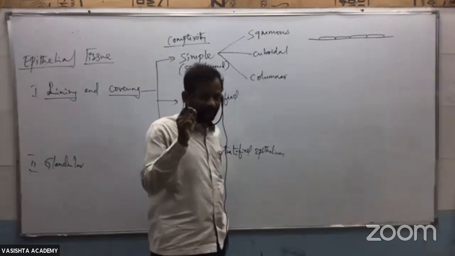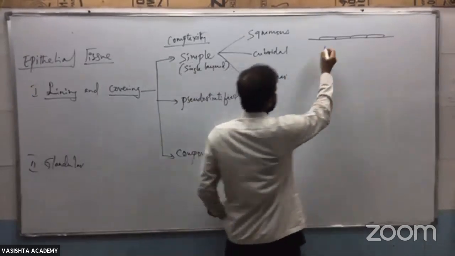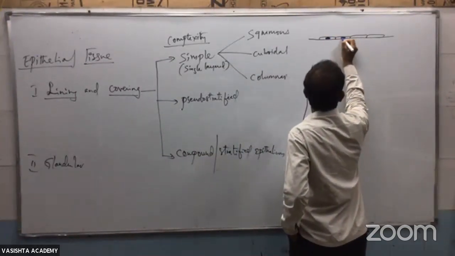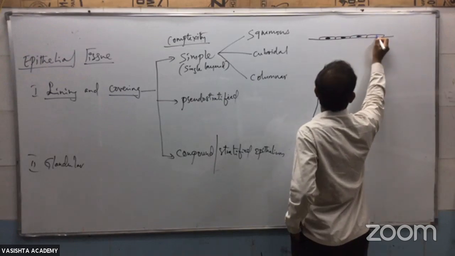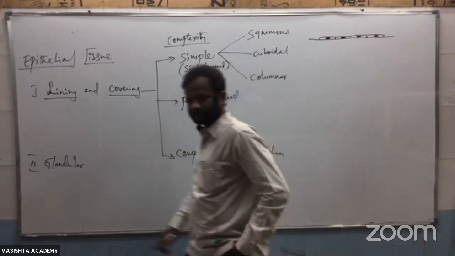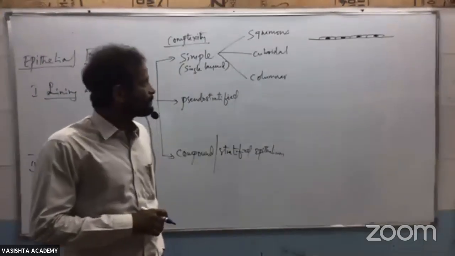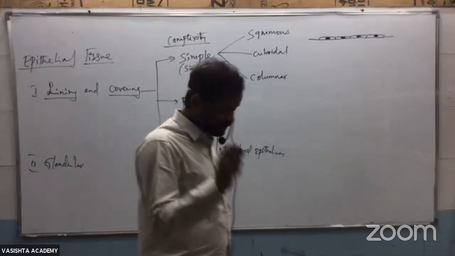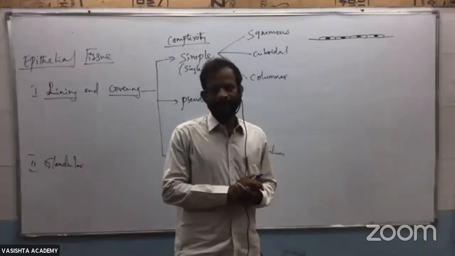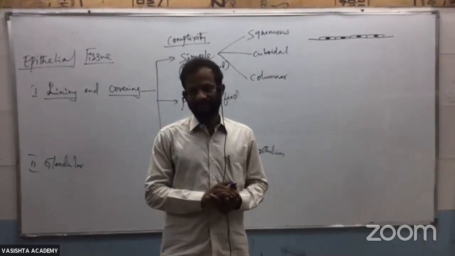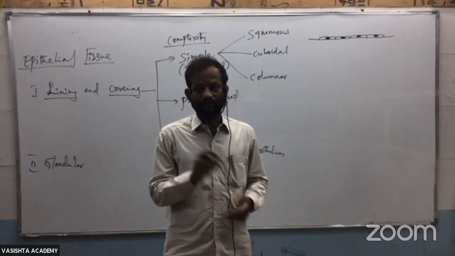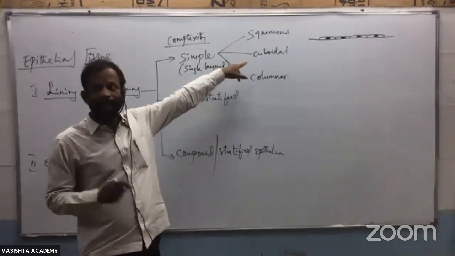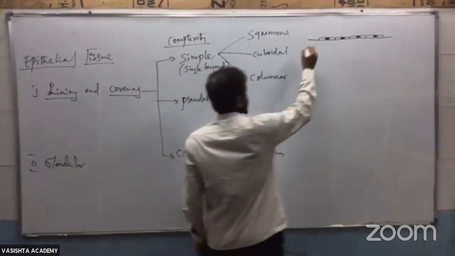Now, in such type of cells, nucleus you can see at the center, like this. Nucleus is present at the center of the cell. Cells are very flattened, just like the tiles. So, you can call this simple squamous as pavement epithelium.